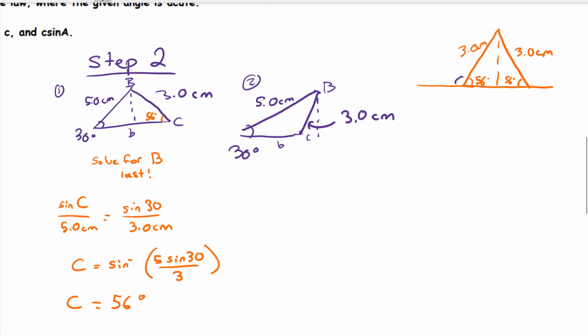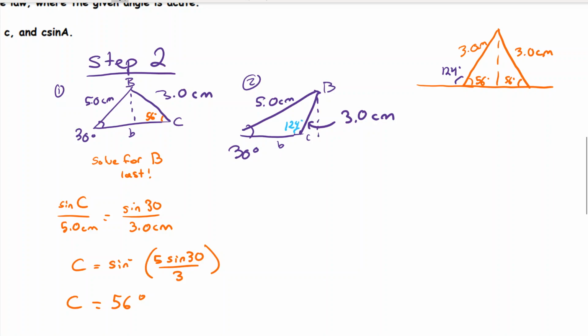So that one's got to be 180 minus 56 degrees. So angle C in the other triangle, 180 minus 56, is 124 degrees. So this angle over here is going to be 124 degrees.